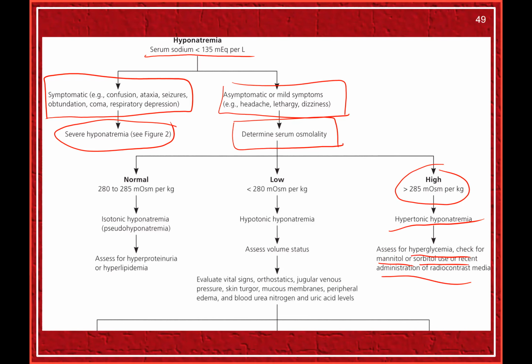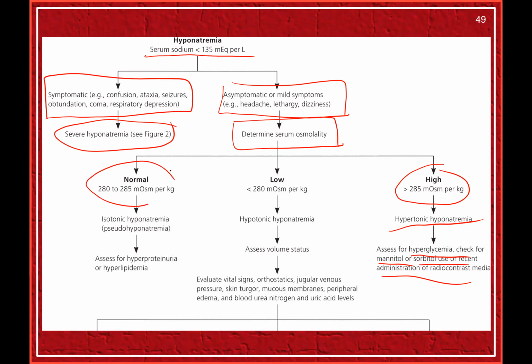Suppose you are given a radio contrast dye for a CT, an IVP, or a biliary angiography, that can produce hypertonic hyponatremia. Apart from hyperglycemia, mannitol and sorbitol, radio contrast studies can also be kept in mind. These are the simple number of causes.